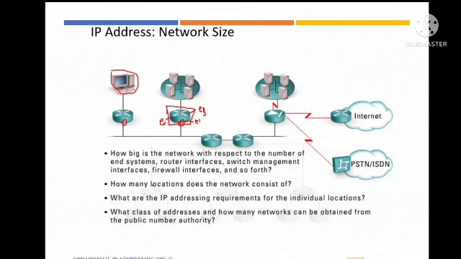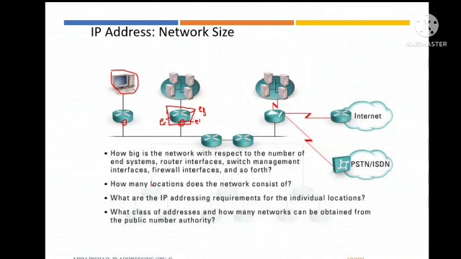What are the IP addressing requirements for each individual location? If you have multiple locations around the country, how many IP addresses may you need? Then what class of address, and how many networks can be obtained from the public number of nodes? You have to plan that yourself. All this analysis we call network size analysis.